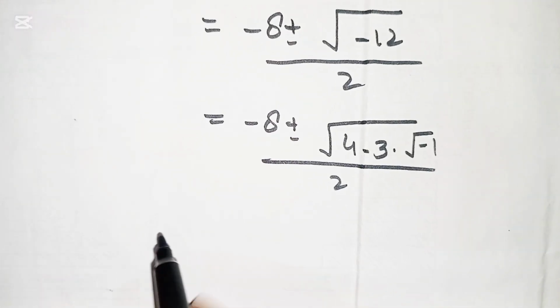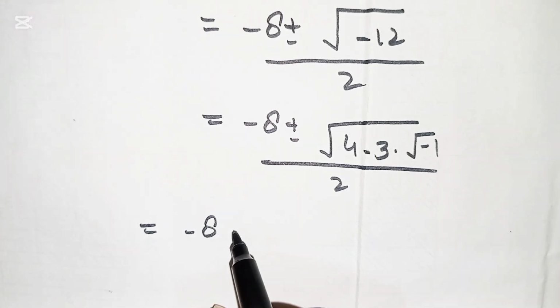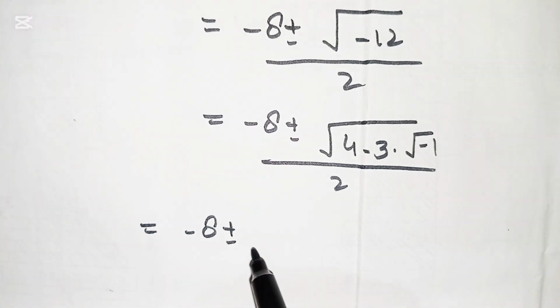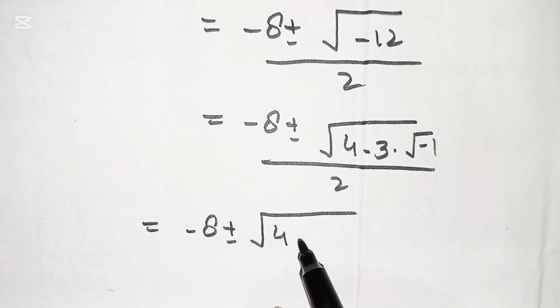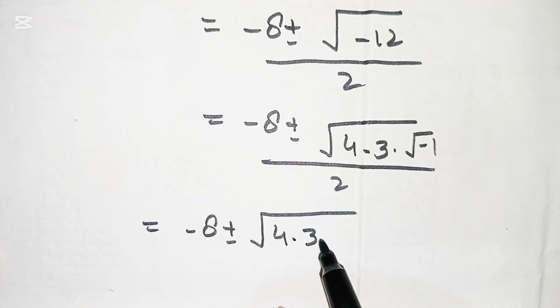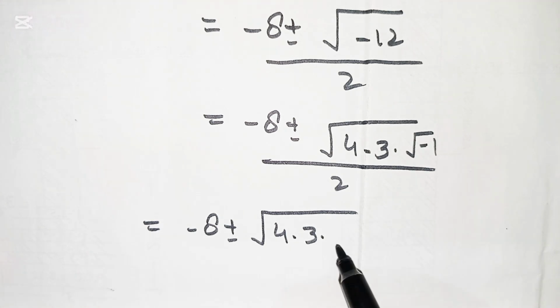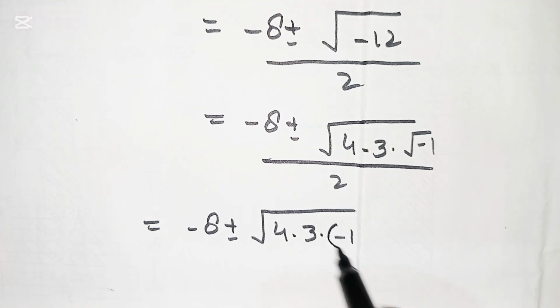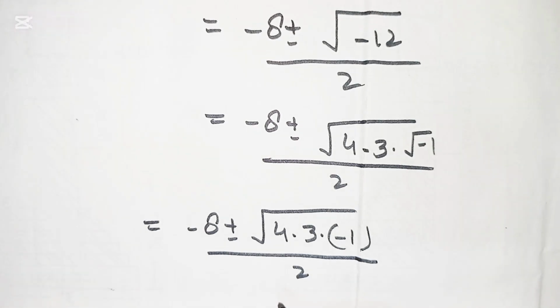And so here minus 8 plus minus square root of 4 times 3 and times the square root of minus 1, which is minus 1, and then over 2.